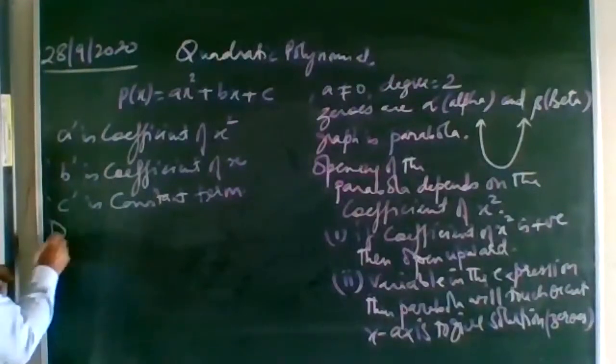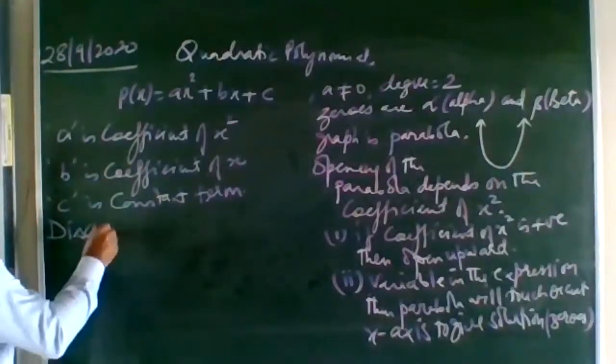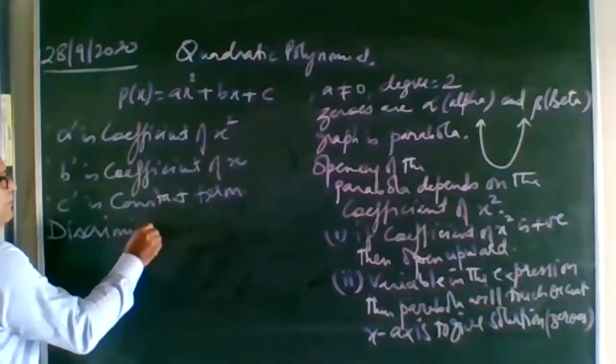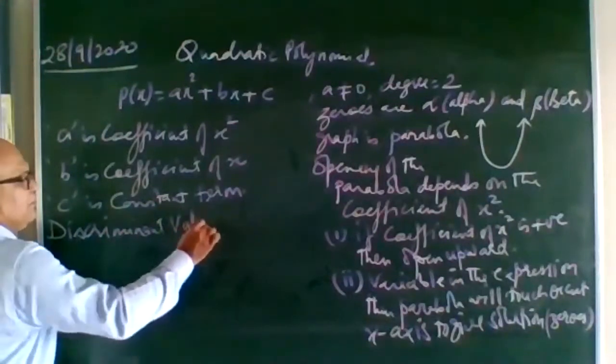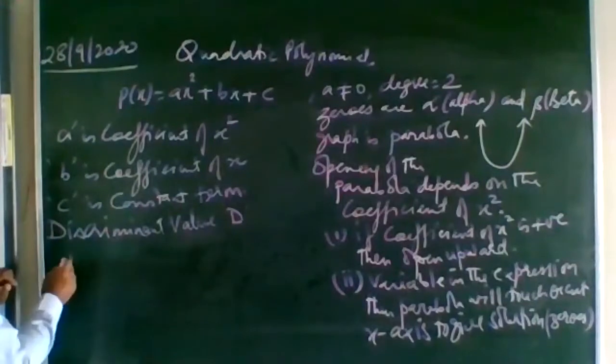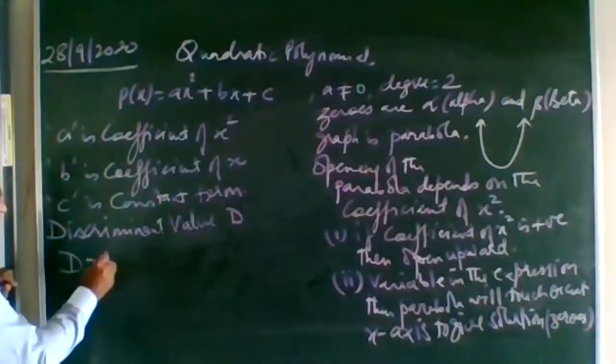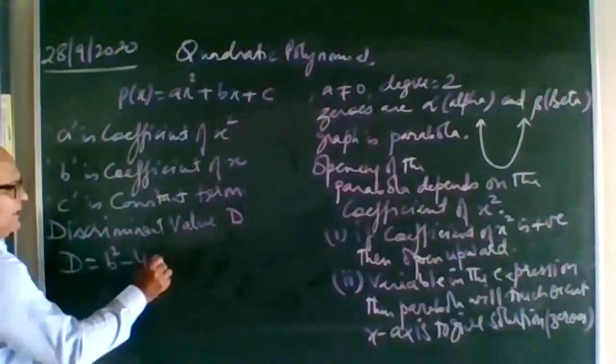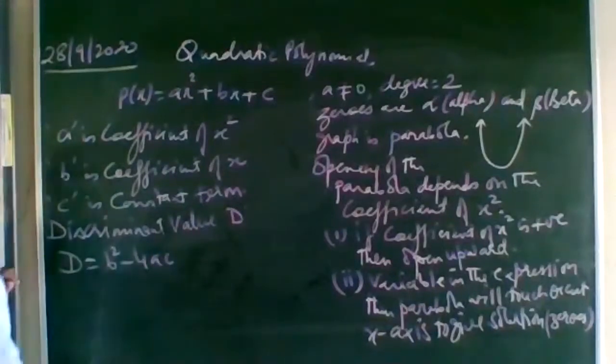After that, the discriminant value we will denote by capital D. So the formula for D is b square minus 4ac.